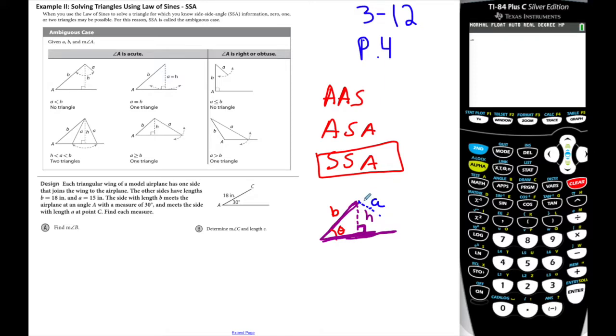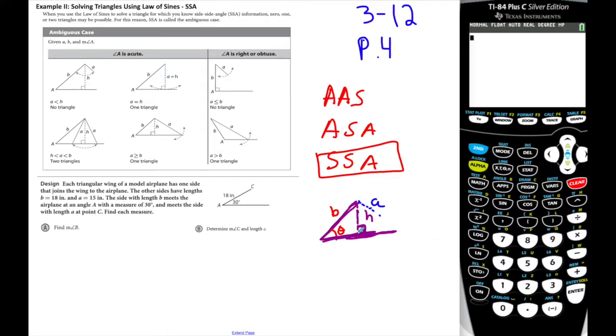And since this is perpendicular, if a was equal to h, it couldn't be this side of the triangle, because if it was, it would be across from the 90-degree angle, making it the hypotenuse. But the hypotenuse has to be the largest side, and if a is equal to h, then that can't be it, because a is supposed to be more than h.